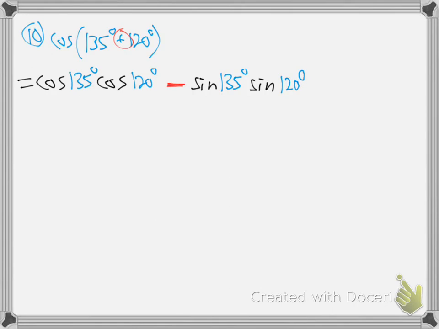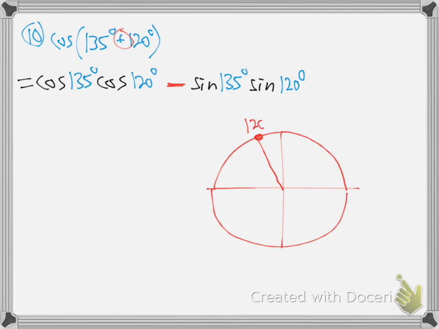It's a lot like the last one. So let me do the little unit circle thing over here. So 135, 120. So 120 is right here. And so what is that? That's back a little bit, up a lot. Back a half, up root 3 over 2, cosine sine.